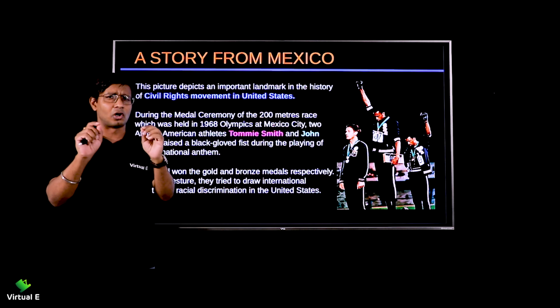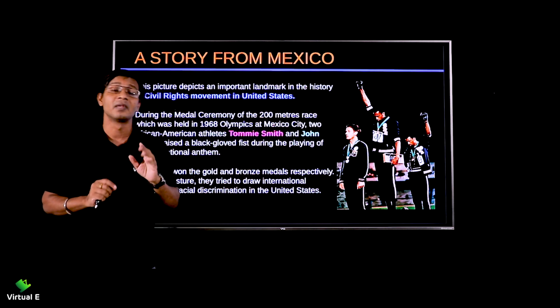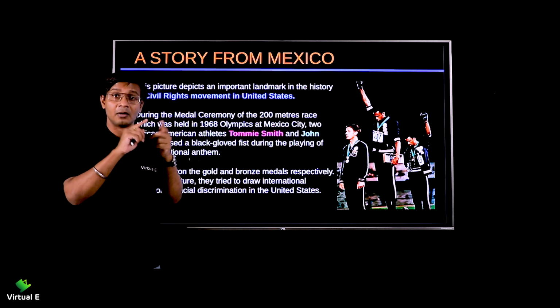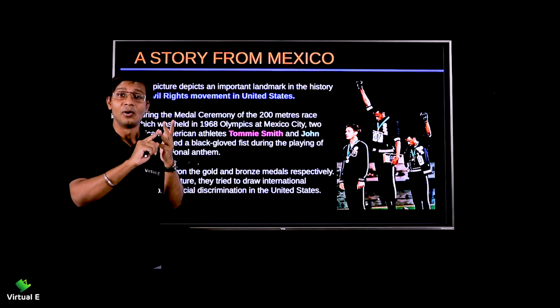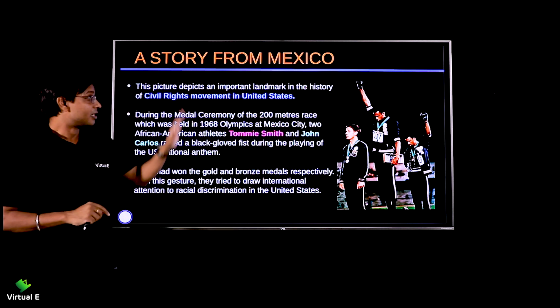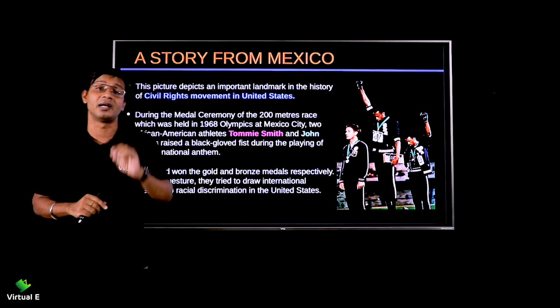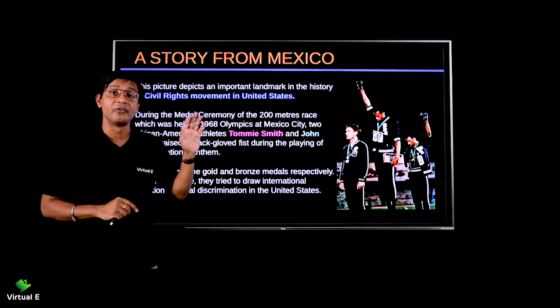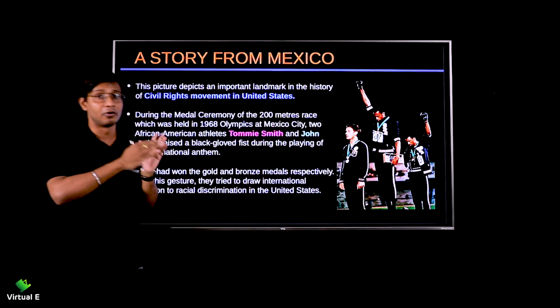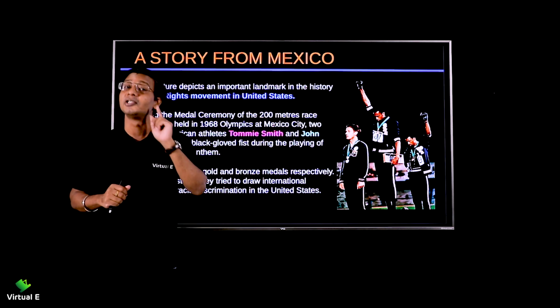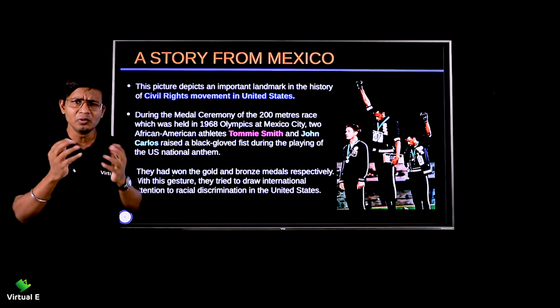Whenever we talk about a movement, please remember, movement means somewhere, when, by whom, and how, and then the outcome. So the civil rights movement started in America, the United States of America. It was from 1954 and continued for a long period of time, led by Martin Luther King Jr. Why was the movement launched?